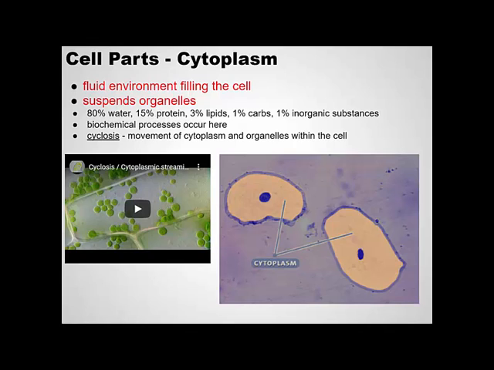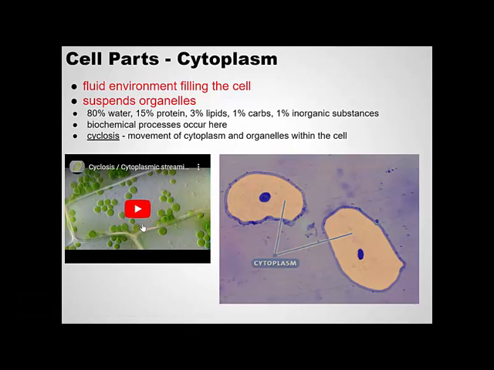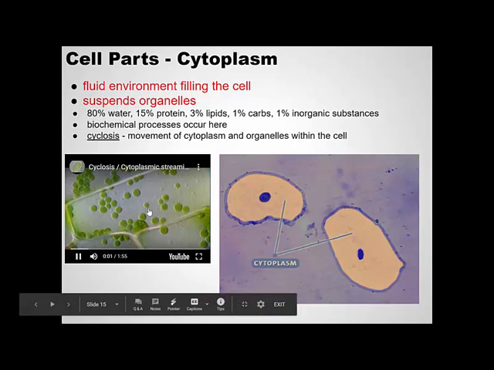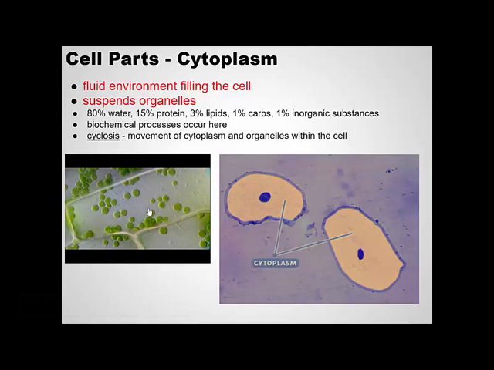And that cytoplasm is actually moving. It's called cyclosis, the streaming of cytoplasm within a cell. You can actually see it in this video here. As the cytoplasm is going through this process of cyclosis in these plant cells, the chloroplasts move as well. These moving chloroplasts are just sort of floating around in that cytoplasm.